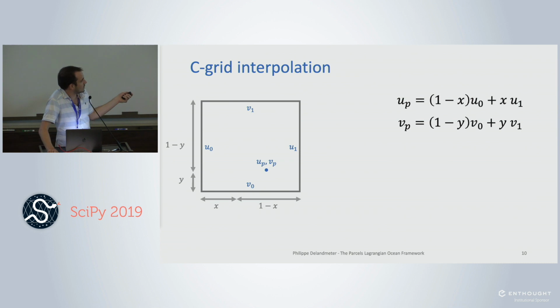On our grid, if you have the U velocities on the left and right edges, and the V velocity on the other ones, we can simply interpolate those flows linearly, and we respect the finite volume schemes, where the transport on these cells comes from this side, and on this side goes upward. So you respect the discretization, the idea of the C grid.